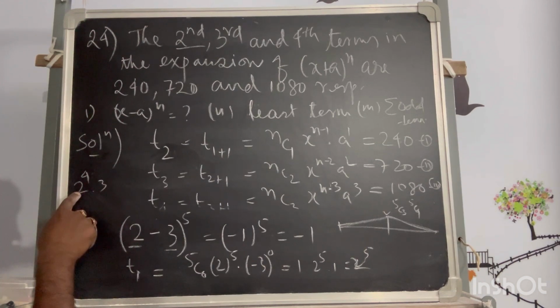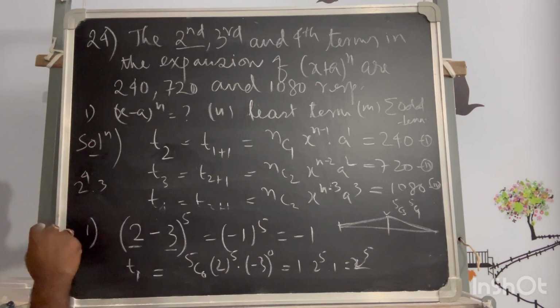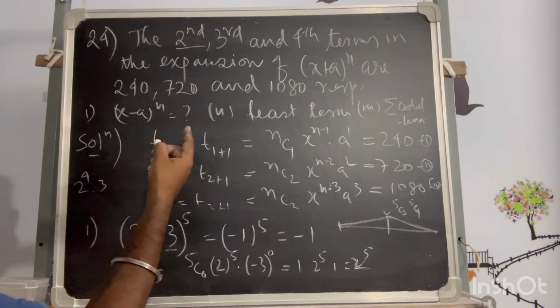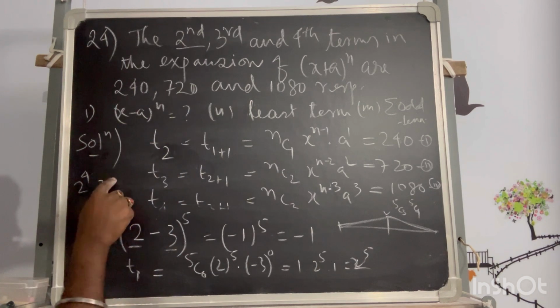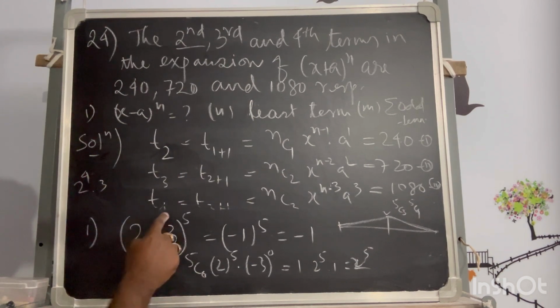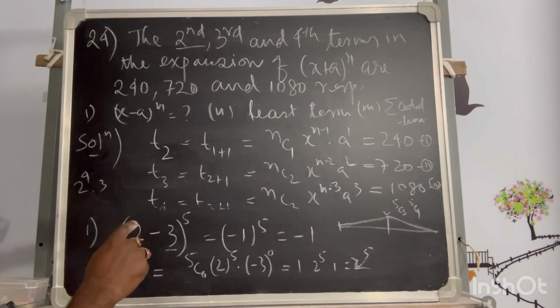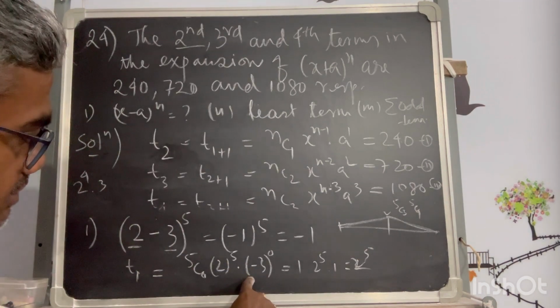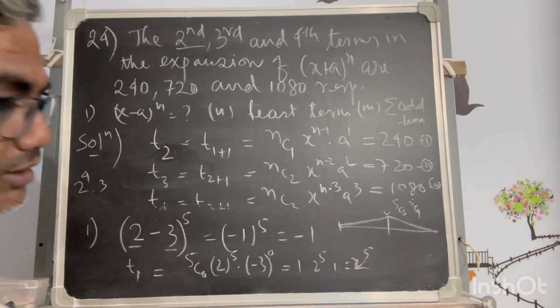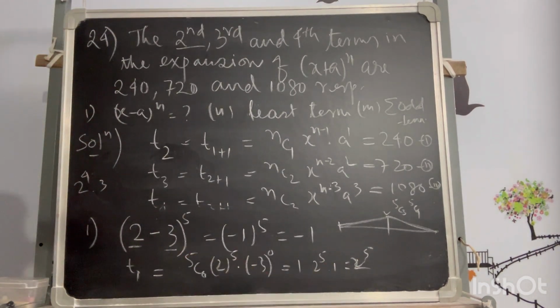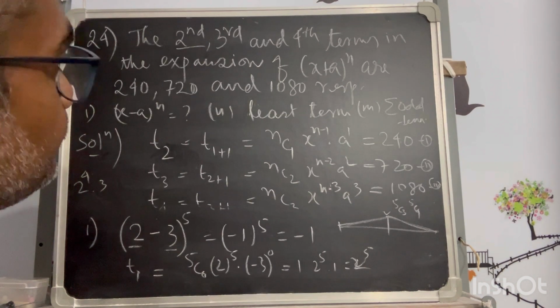So always, if 2 is reducing by 1, this will increase by 1. So the effect will be least when this has the least value. So where this is the first term, definitely this will be the answer. This is very much logical.